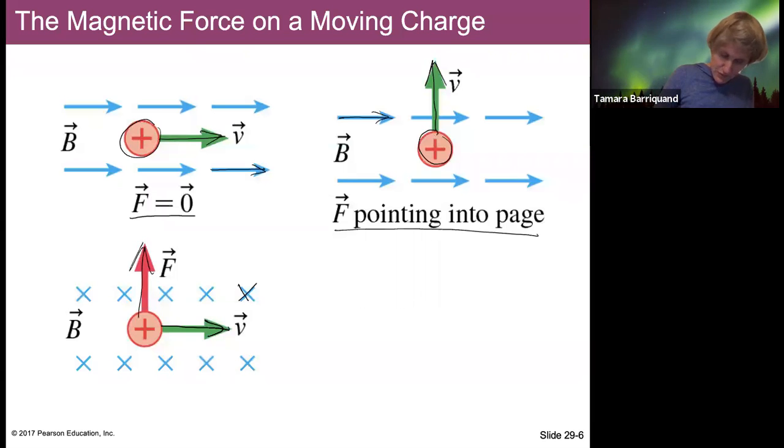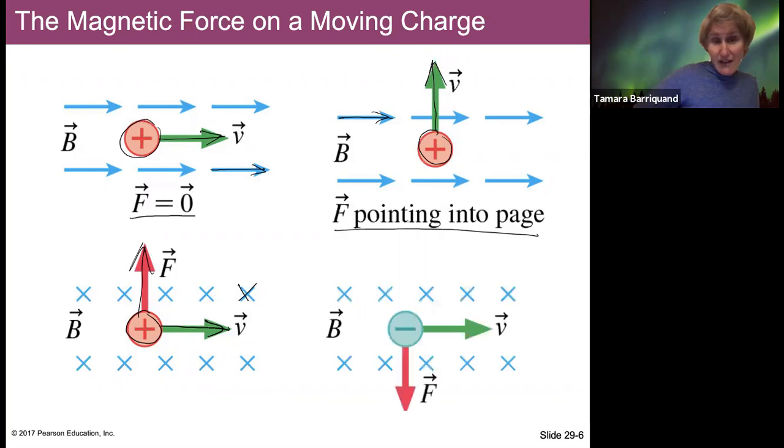Now those examples were all positive charges. However, the force is equal to QV cross B. So if we have a negative charge, like we do here in our fourth example, we do V cross B and then take the negative of that. So V in this case is to the right, B is into the screen, as we just had in the last example.